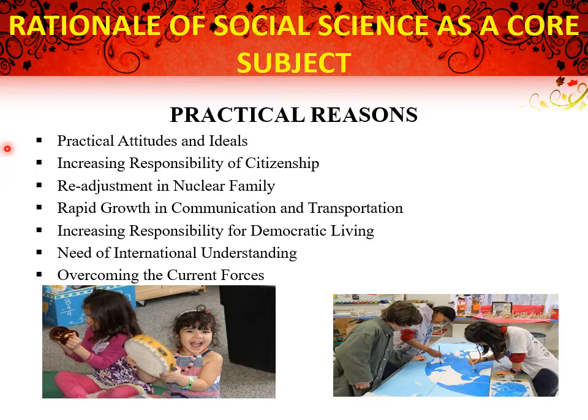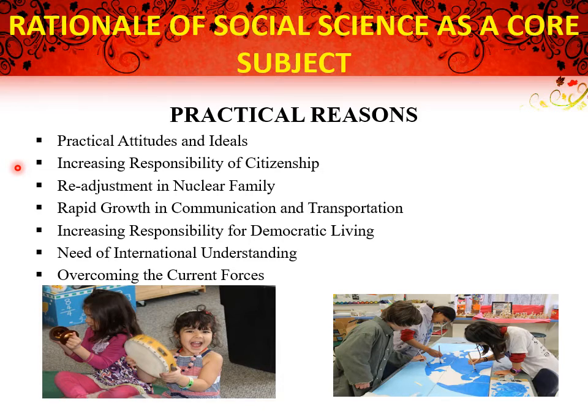Social studies inculcates the attitudes and ideals which make one more successful in his practical life. Therefore, the subject must be taught as a compulsory subject to future citizens and produce well-informed, enlightened citizens who may promote common welfare. Second one is increasing responsibility and citizenship.